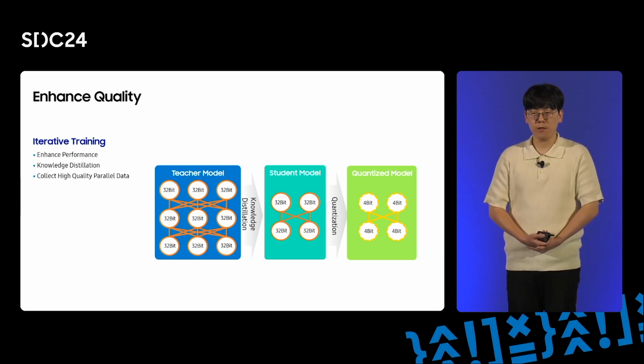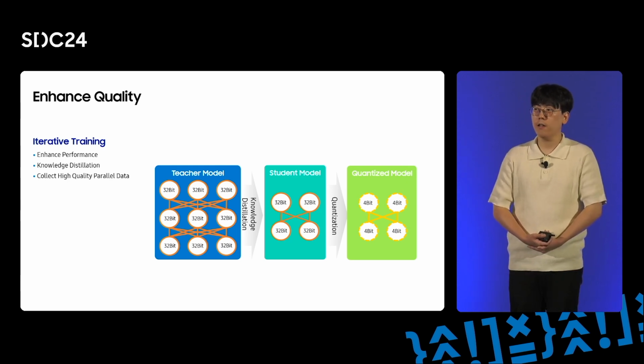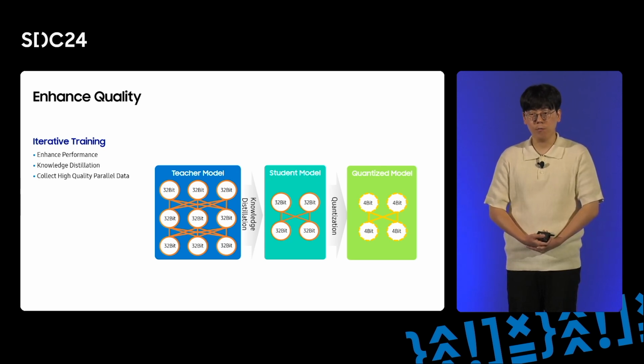Through this process, we can boost the performance of the compact model running on device. At the same time, training data is also important, so we collected high-quality parallel data and mono data from different domains by working with other teams.